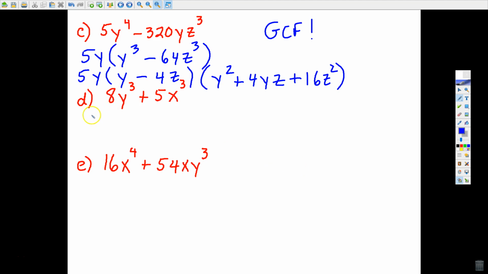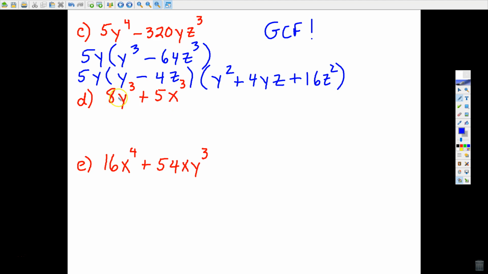Kate, letter D, look for GCF. Do you see a GCF? No GCF, okay. Well, my next possibility would be, notice these two cubes. Can I factor this as the sum of two perfect cubes? Do each of these terms have perfect cube roots? No, 5 doesn't have a perfect cube root.